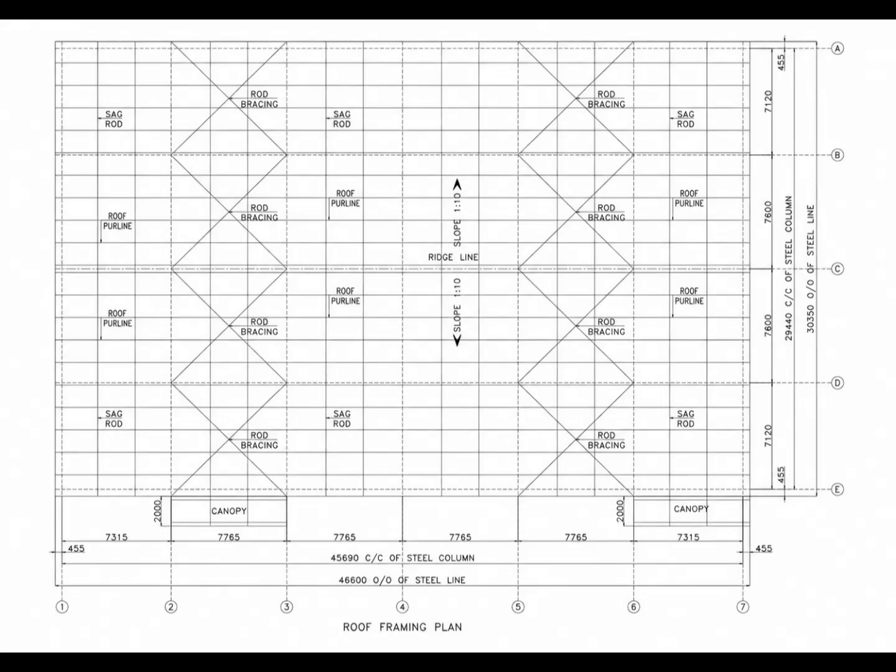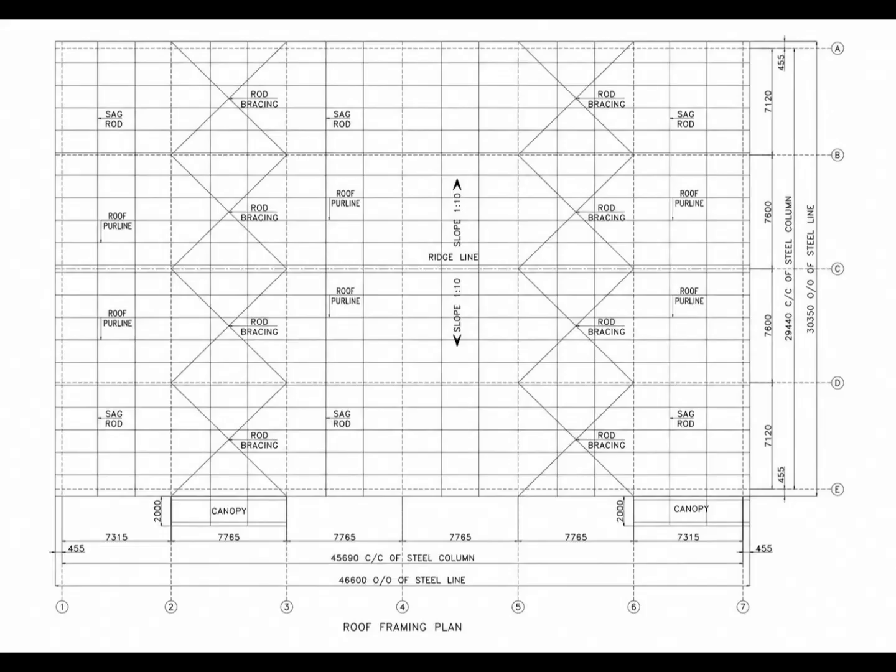Similarly, the longitudinal grid references are shown from 1 through 7. These grid references are extremely useful when locating any particular framing member. Instead of simply saying that a sag rod is somewhere on the roof, a detailed drawing allows us to identify its position in relation to the building grids.